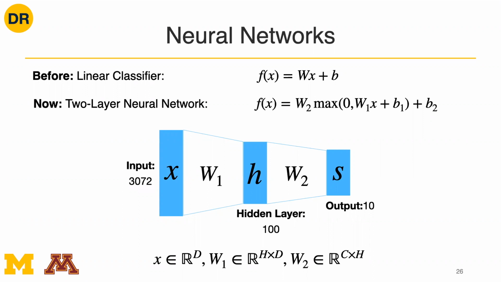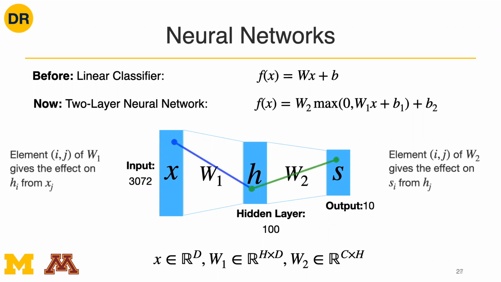One thing to note is that the weight matrices determine how a particular element in the previous layer would influence a particular element in the next layer. They determine how much the influence is. That's what the weight is talking about.